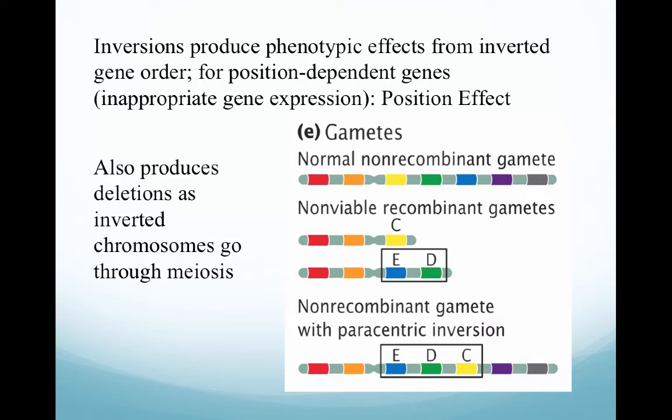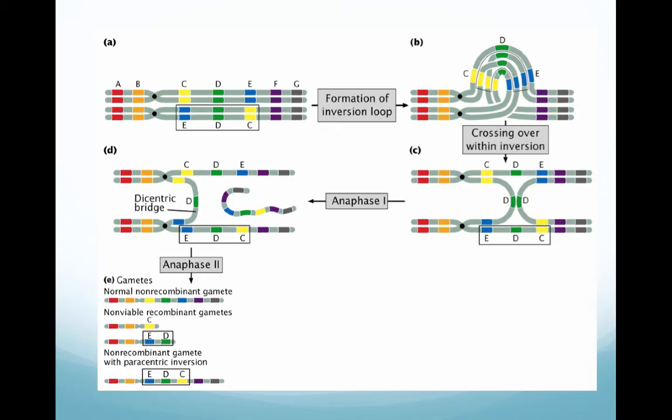And position effect can really result in some major deformities and symptoms because a lot of genes require being in a certain order to be turned on correctly and turned off correctly. So inversions can also produce deletions as the inverted chromosomes go through meiosis as well. So if we see an inversion happen, just realize that there's a lot of different things that can happen downstream.